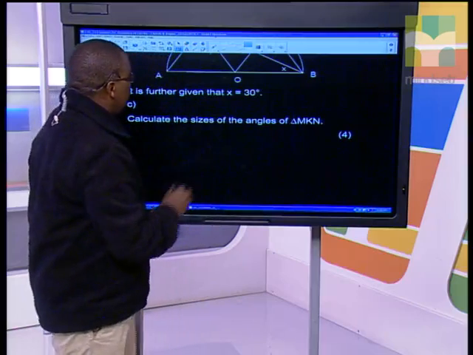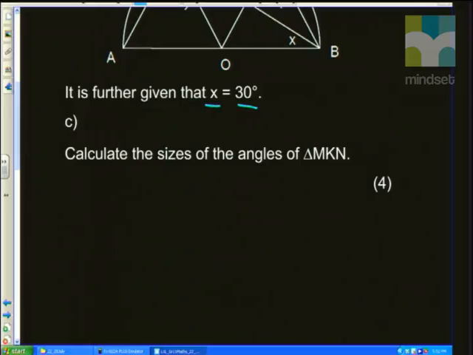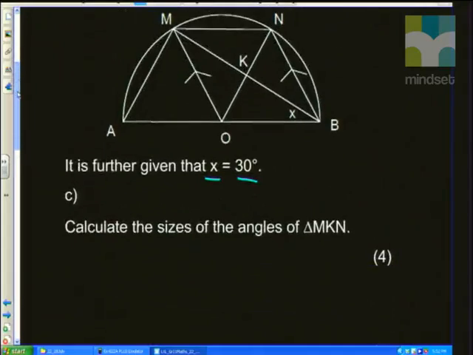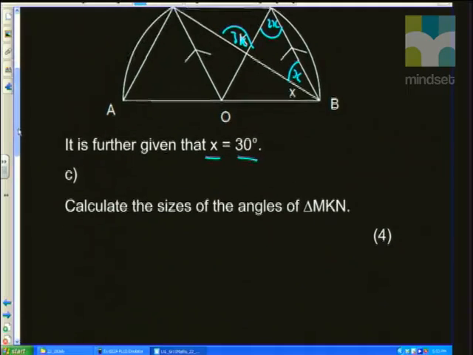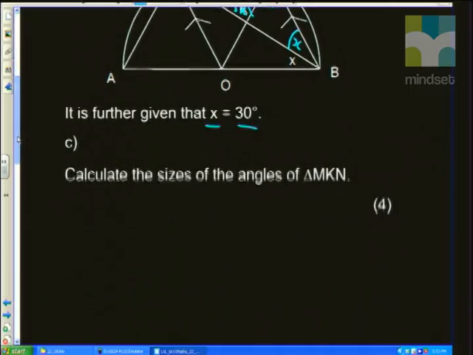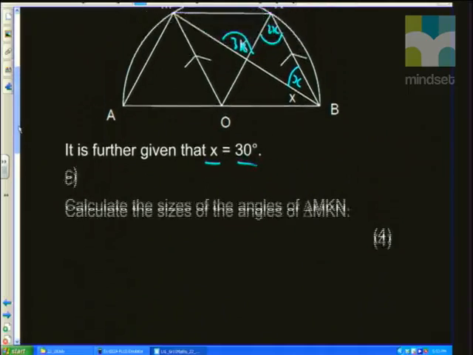All right? Now, next question. If it is now further given that x is 30, let's bring back what we have. This is x, this is 2x, and that is your 3x. If it's given that x is 30, you need to find the sizes of the angles of the triangle.